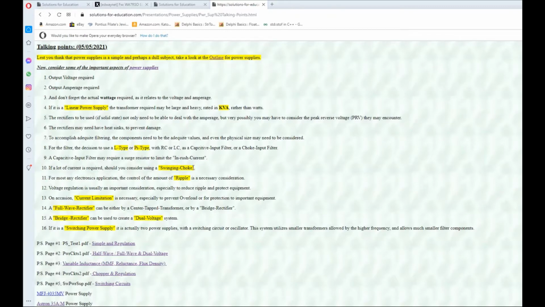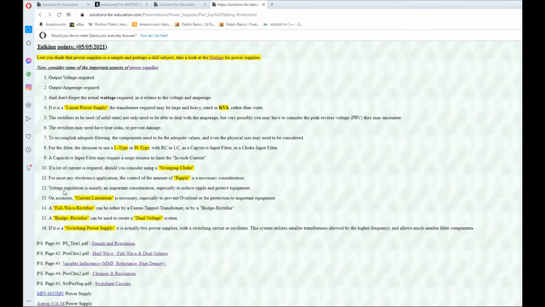Okay, now we're going to discuss the swinging choke tonight, which is something that maybe you guys know about and maybe not. We'll see. Then ripple. Well, we're all concerned about ripple because that's what makes, when you pick up your handy talkie or pick up the microphone for a base unit, does it warble at you or does it have good audio like it should be?